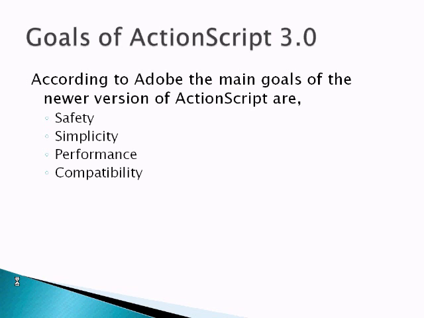Performance: the language enables developers to write complex programs that perform efficiently and responsively. Compatibility: the language provides a short backward and forward compatibility path and a significant overlap with industry standards.